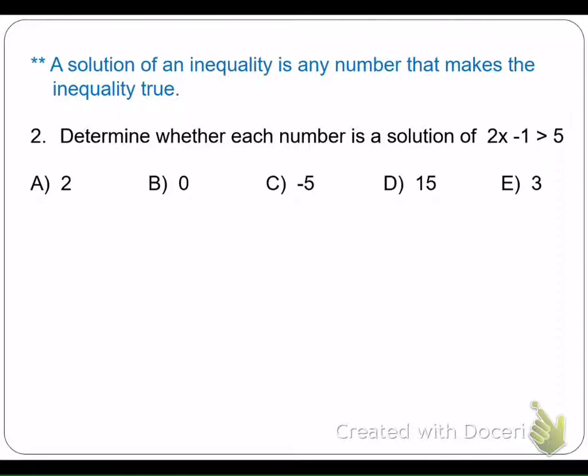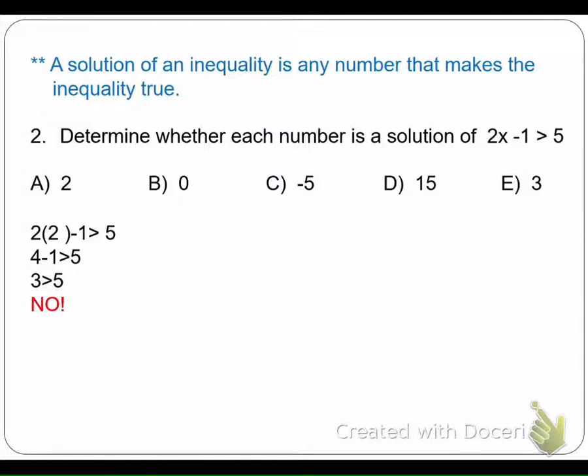All right, we're going to check number 2. So if I put 2 in, what's 2 times 2? 4. 4 minus 1 is 3. Is 3 greater than 5? No. If I put a 0 in, what's 2 times 0? 0.